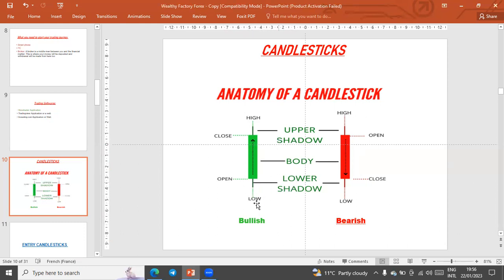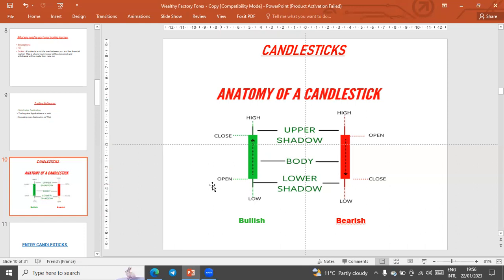So this color green represents a bullish candlestick. Now, what is a bullish candlestick? A bullish candlestick is a candlestick that opens from low here, then closes from high. Inside here, I'll put an arrow indicating the direction of the market.